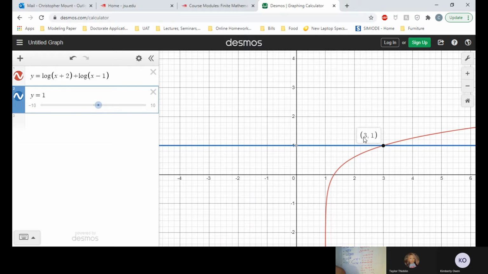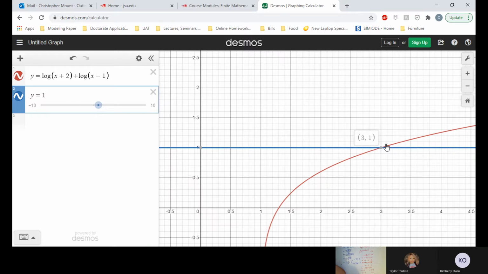Well, then the graphing calculator, at least Desmos, would not tell us that it was the square root of 3. It would give us the decimal approximation of that, which is fine. It's still an approximate solution, but we wouldn't know the exact answer. If we wanted the exact answer, if it's a really ugly, irrational answer, but we wanted to know exactly what it was without a decimal approximation, we would still have to do it by hand.